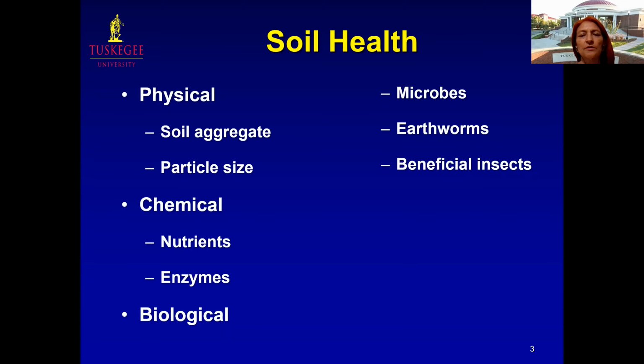So soil is not just dirt, it is a living biological entity with certain chemical and physical properties. So with that, we need to understand that healthy soil is required for it to be productive.